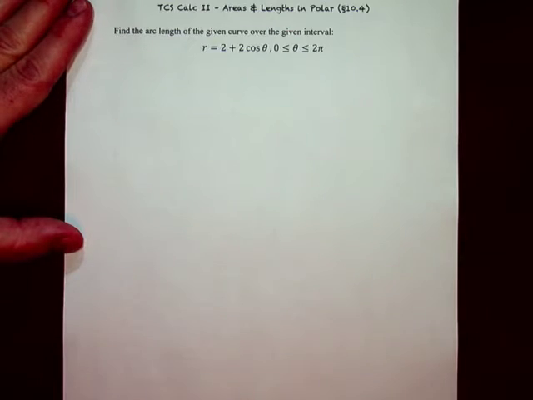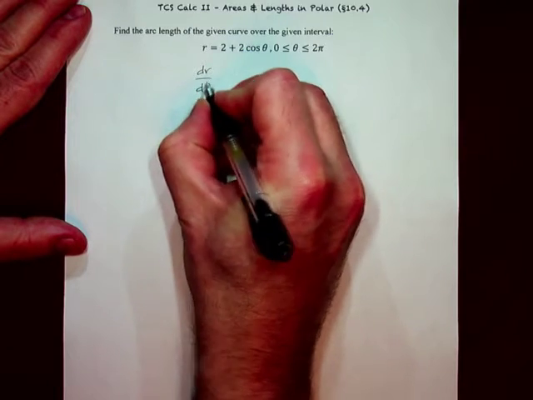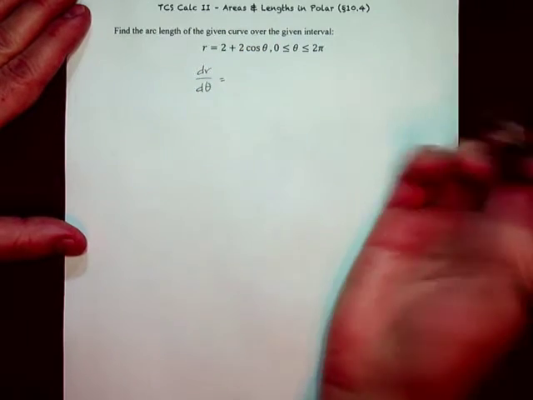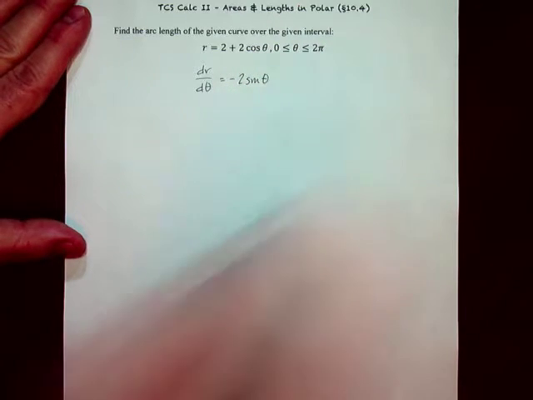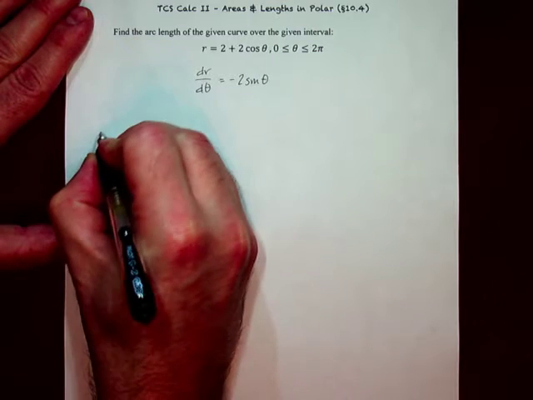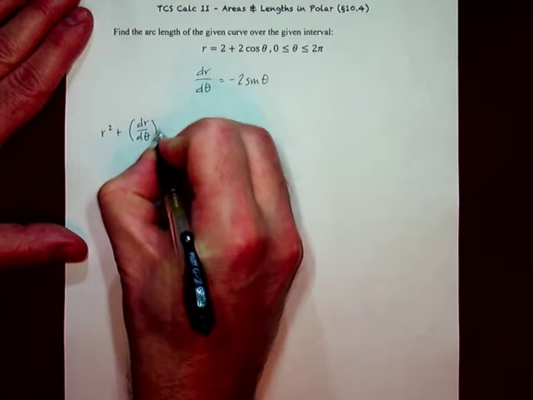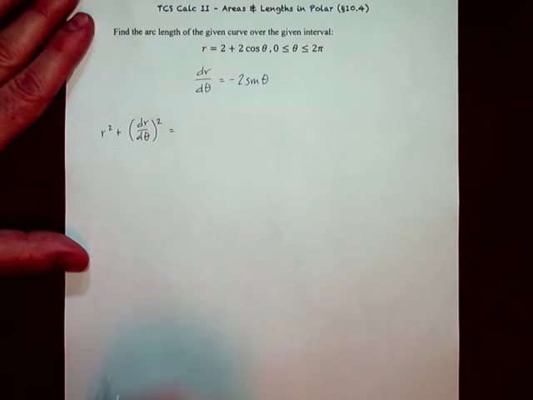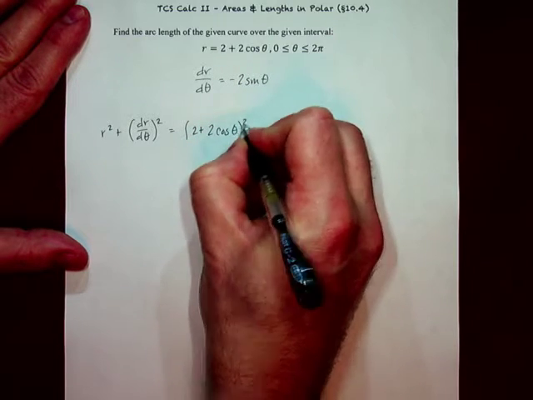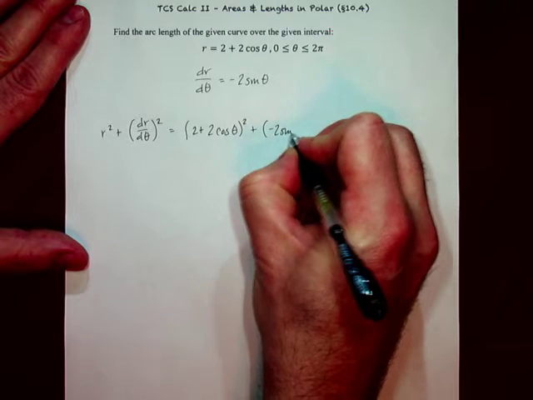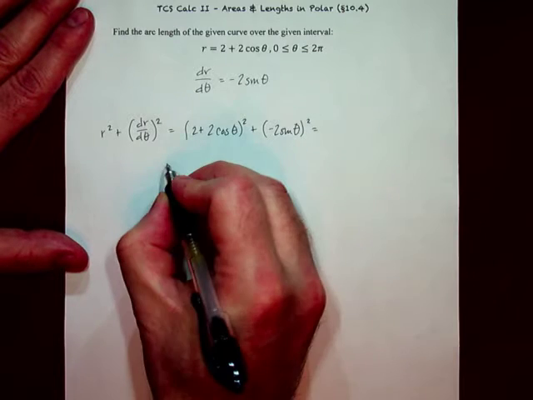So, we have r. What we lack for our formula is dr/d theta. The 2 obviously goes to 0, and cosine becomes negative sine, so it becomes negative 2 sine theta. Now, I sometimes like to simplify the radicand before putting it underneath the radical in the integrand. In this case, it is (2 plus 2 cosine theta) squared plus (negative 2 sine theta) squared.